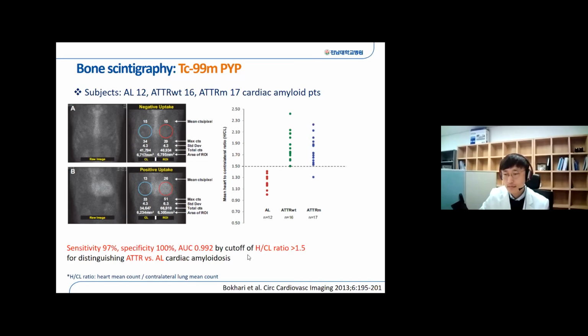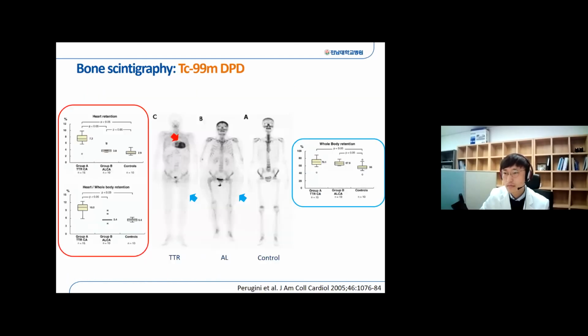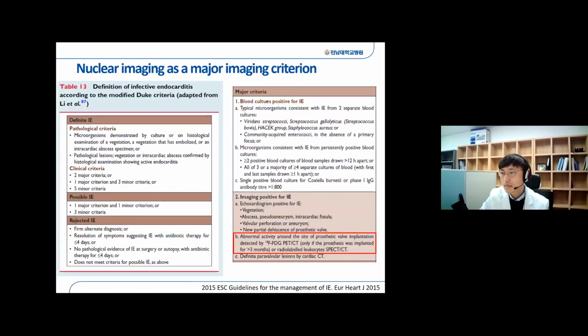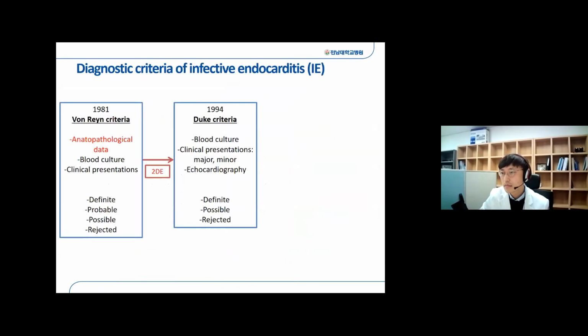Dr. Zhou, I have one question regarding the microvascular angina clinical trial. So in the slide there, they compare the intervention group and the control group.